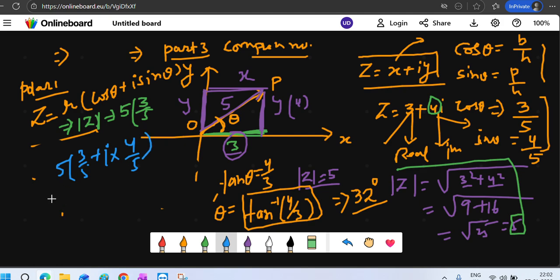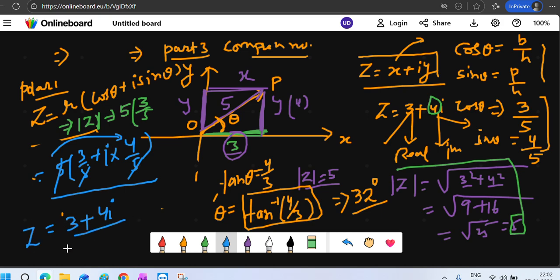If you simplify this, the 5 cancels out with the denominators, and what is left is 3 plus 4i, which is nothing but z.